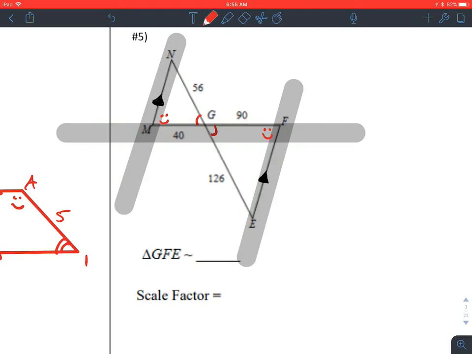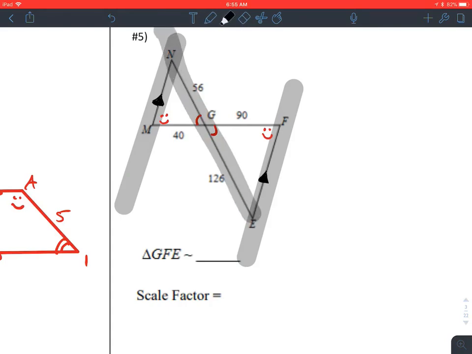The alternate interior angle theorem says if you've got two parallel lines cut by a transversal, then alternate interior angles are congruent. For a similar reason, angle N is congruent to angle E, alternate interior angle theorem.